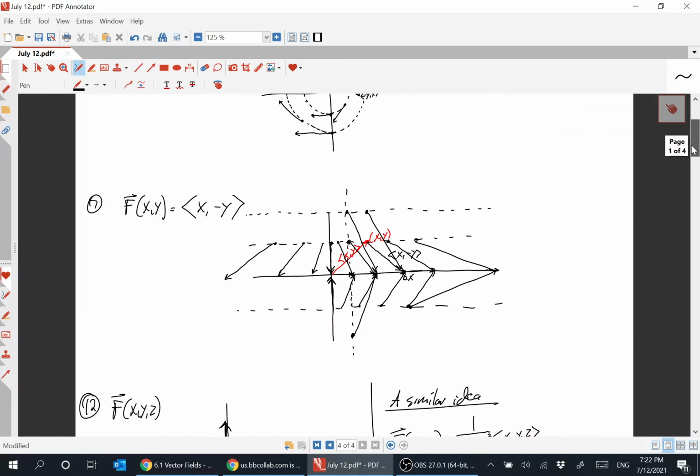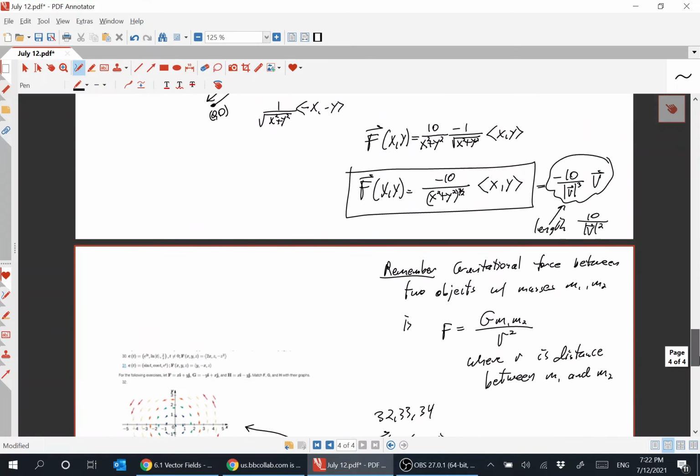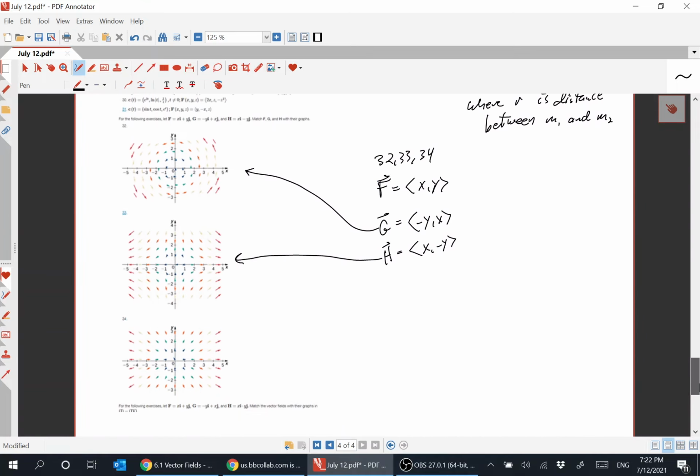So all the vectors should end at the x-axis. But rather than doing that, they just drew the vectors kind of smaller so that you can see it a little better. And so this one is this, where all the vectors are pointing straight out from the origin.